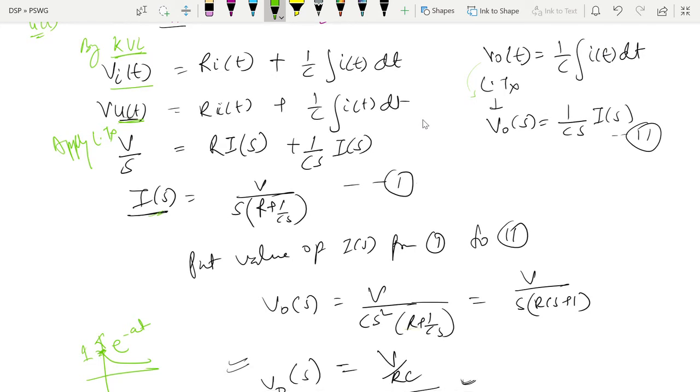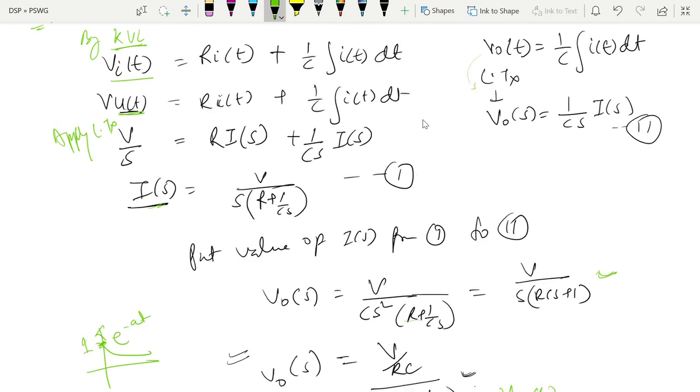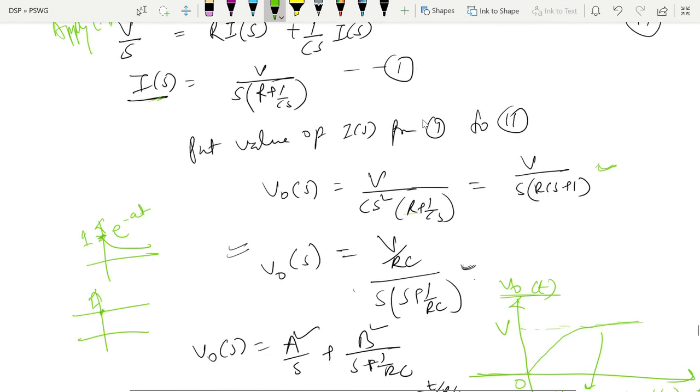Taking the denominator as Cs, the C and S cancel out, and we get V by S times (RCs plus 1). If you simplify further, the output voltage is V by RC times S plus 1 by RC. We have to calculate this V naught(S) in the time domain, so we want to find V naught(t). How will we get it?